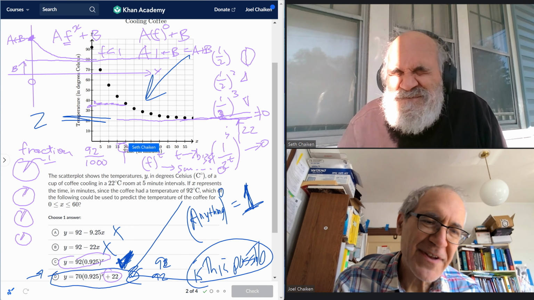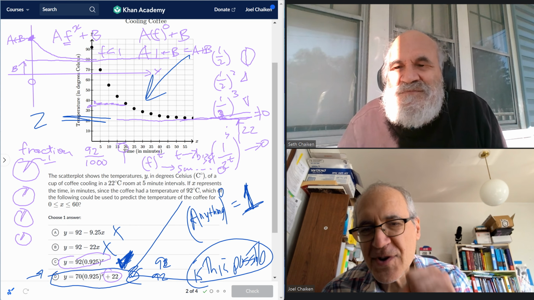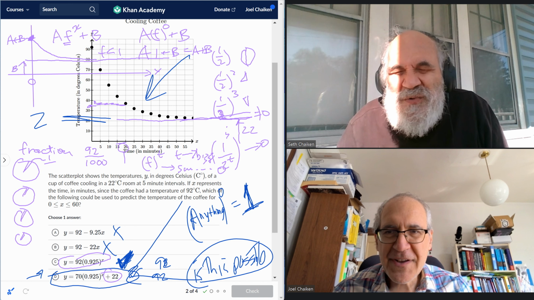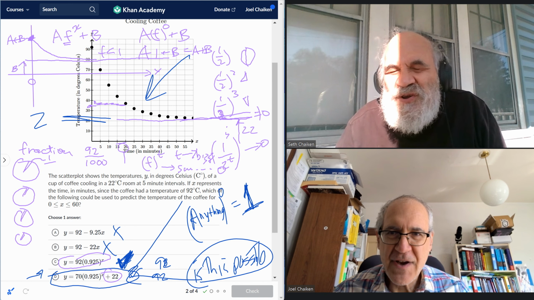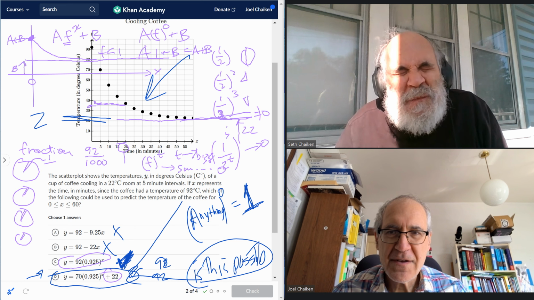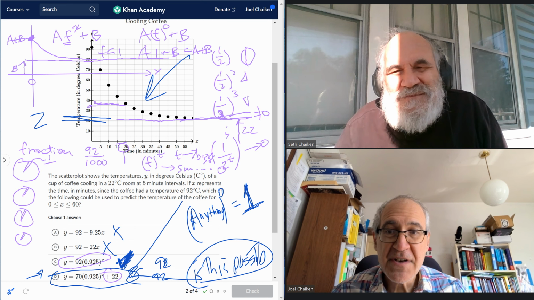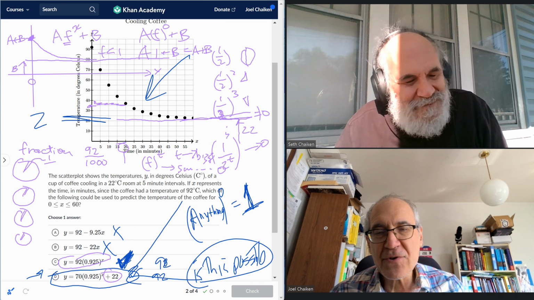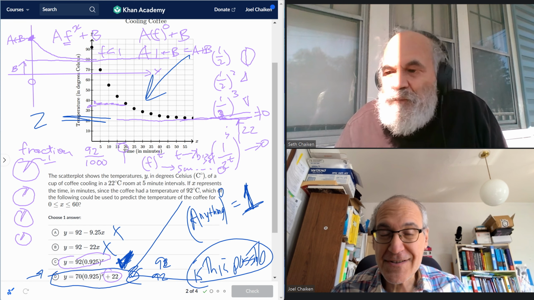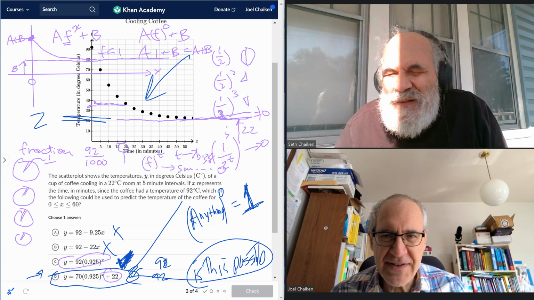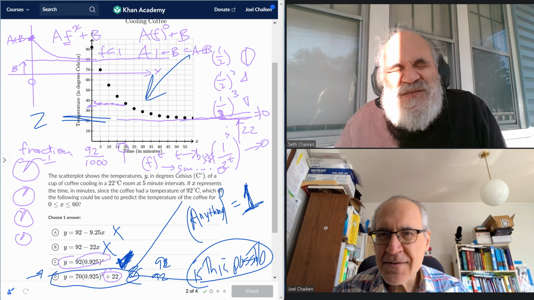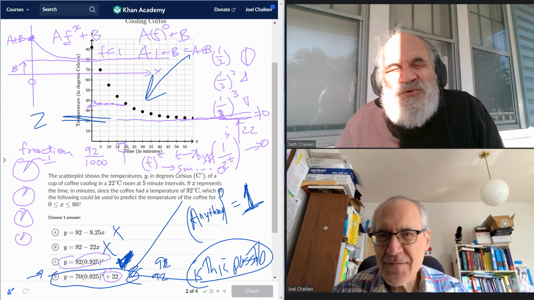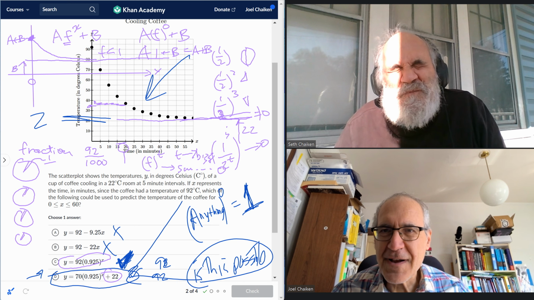But you could drink with a spoon: take a sip and blow on it to cool it off. You could also stir the coffee to cool it off. So there are ways to drink your coffee in less than 20 minutes. You could also add ice or cold creamer, but not in this problem.